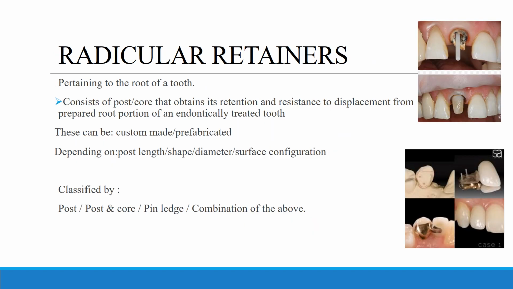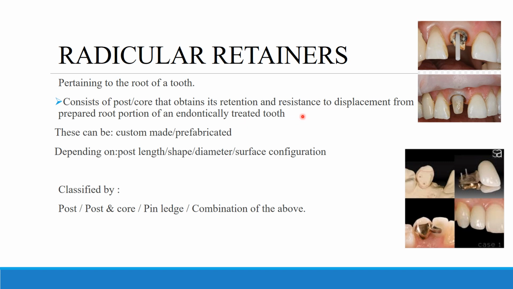Okay. Coming to a radicular retainer, which means pertaining to the root of the tooth. It consists of a core that obtains its retention and resistance to displacement from the prepared root portion of an endodontically treated tooth.